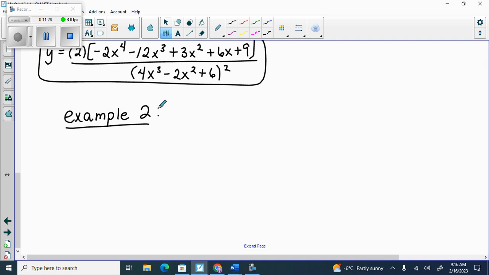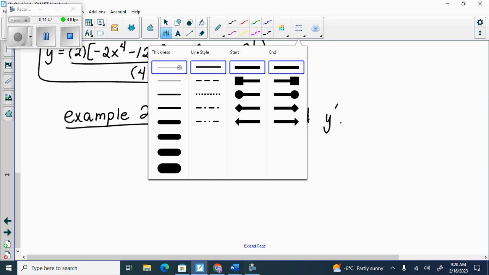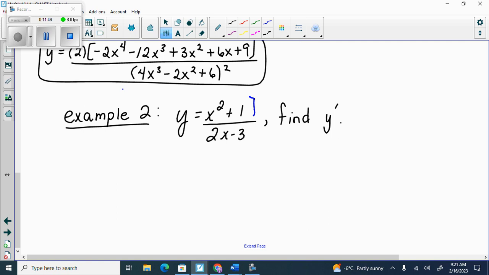Okay. y equals x squared plus 1 over 2x minus 3. I always make up harder ones and then give you the nice ones. Find y prime. So, this one is f.